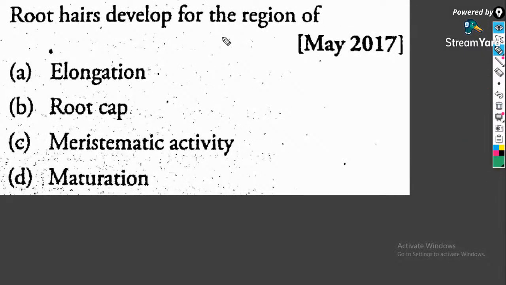Root hairs develop from the region of... In the last class for the 2021-2022 batch, in the morphology class, I just told about this. Guys, you have a structure like this, right?